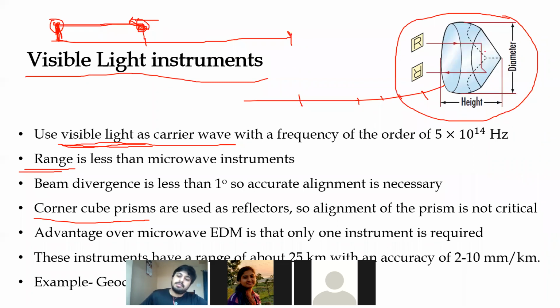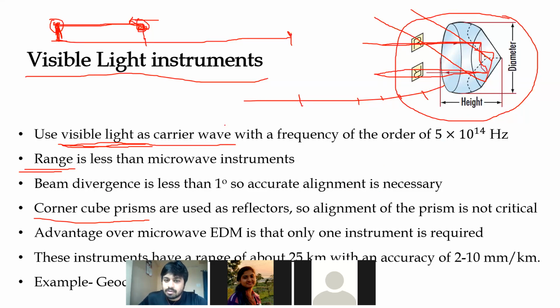These prisms are manufactured such that whenever any kind of ray is incident on the prism, the structure of the prism reflects back the ray at the same angle, without any loss of energy.